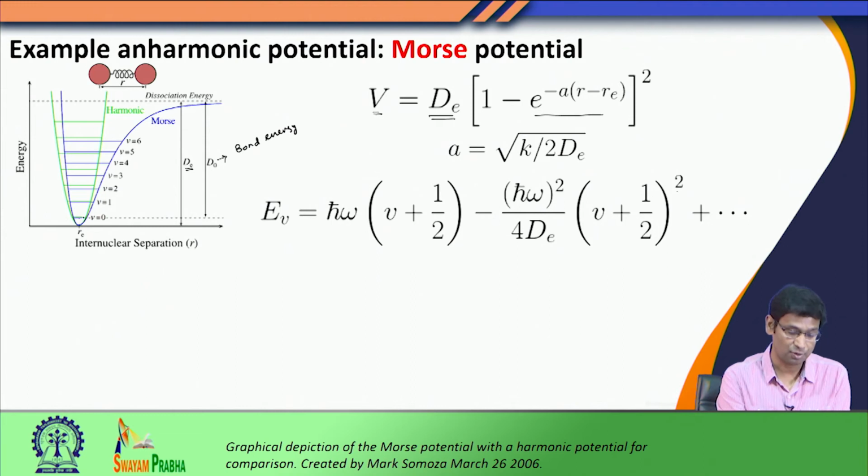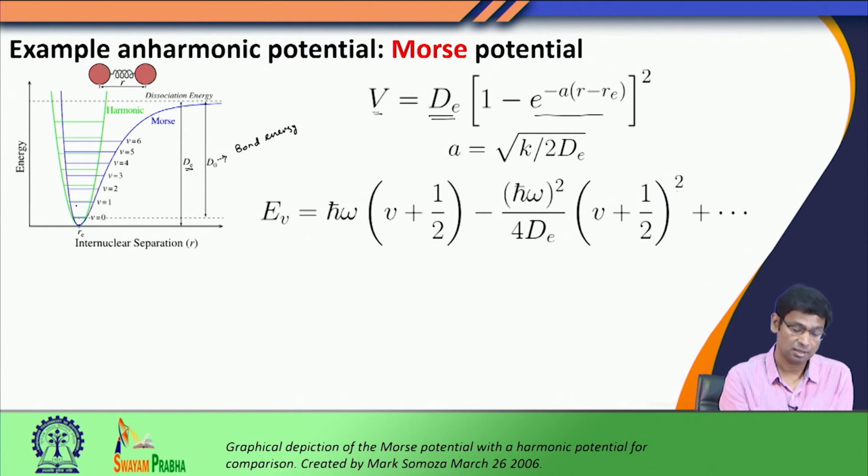For example, you can notice here that the harmonic oscillator energy levels are shown in green lines, so they are equally spaced, but the Morse oscillator levels are shown in blue lines. You see V equals 0 of the harmonic and Morse oscillators almost overlap with each other. At V equals 1, you can already start to see the green line and blue line separate.